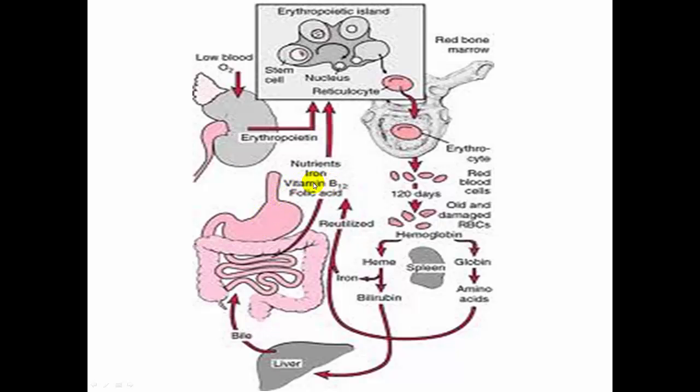Because remember, vitamin B12 relies on that intrinsic factor for absorption. So these are the nutrients that are needed in order to produce red blood cells in the bone marrow.